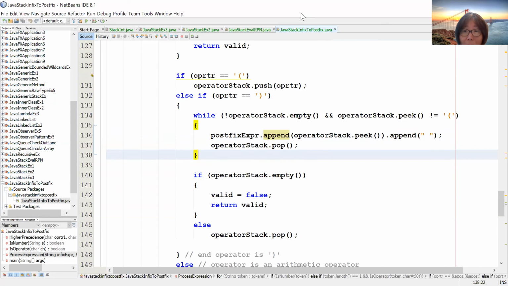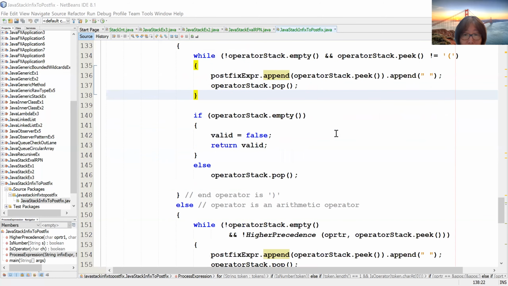Once again, like what we discussed yesterday, this kind of while loop is also used a lot with stack applications. You have a while loop, and while the stack is not empty, you check this condition and then do some peek and pop operations. So this is used quite often.